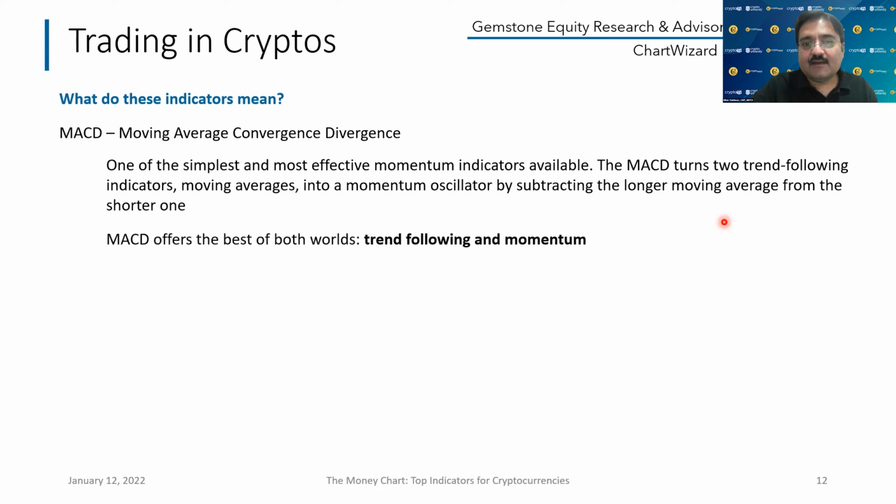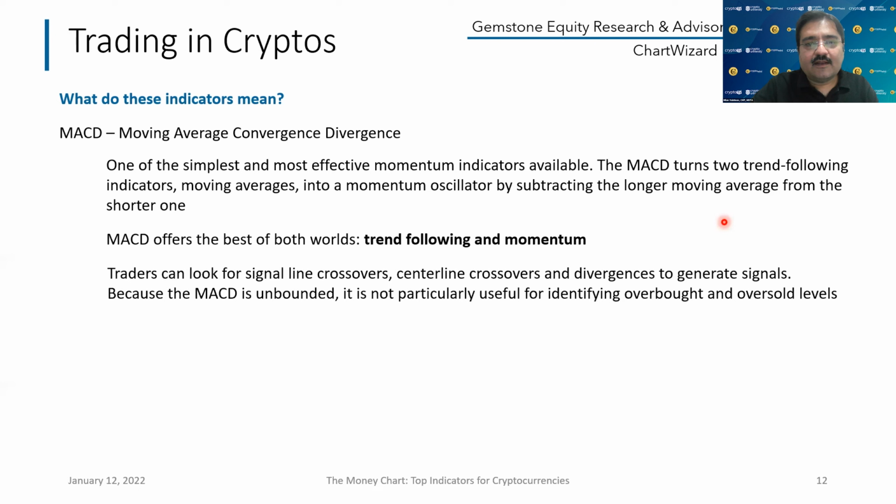Being a lagging indicator, it's a trend following indicator, because by lagging I mean the patterns, the breakouts, and everything are seen first on the price, and then this indicator follows. The deployment of exponential moving averages also makes it a momentum indicator.